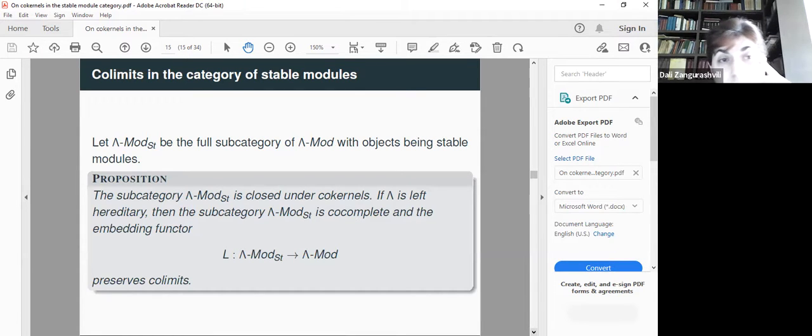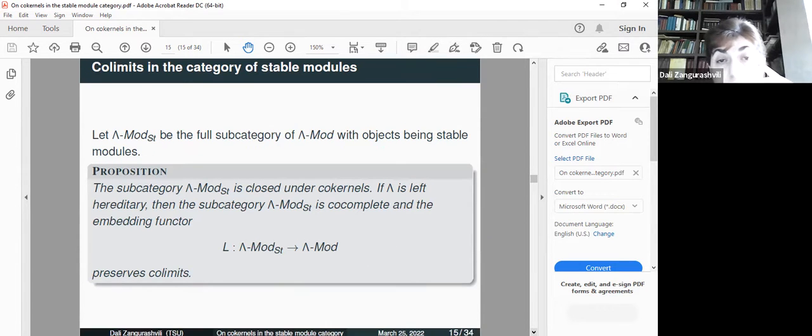First of all, we notice that the full subcategory of stable modules is cocomplete, and the embedding functor preserves colimits. It's easy to notice. And of course, the question arises whether this has a right adjoint. And it turns out that yes, it has.